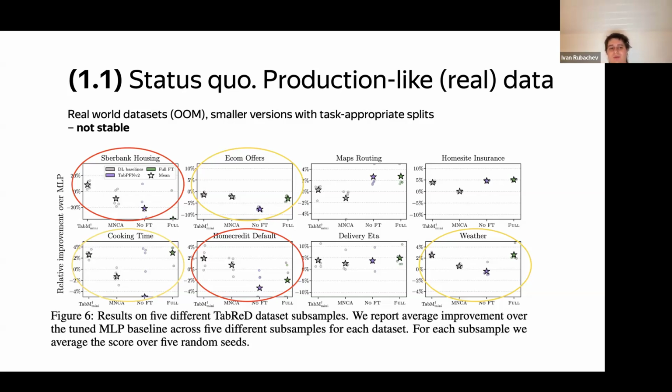So here we see that TabPFN without fine-tuning is behind the TabM model, and much more behind in terms of average improvement over MLP. It is often behind the MLP baseline; on the datasets that are circled with yellow, it's below the MLP baseline levels. And on some datasets, even fine-tuning doesn't help. We show later in the paper that it's basically because of some kind of overfitting, because those datasets when subsampled are very small, and you can do basically nothing when fine-tuning.